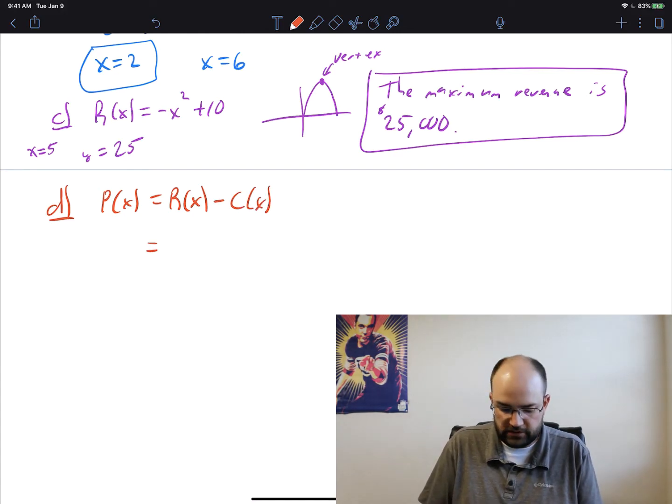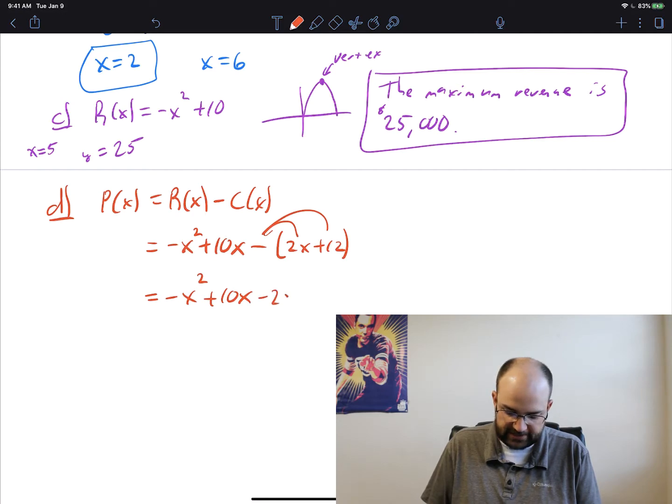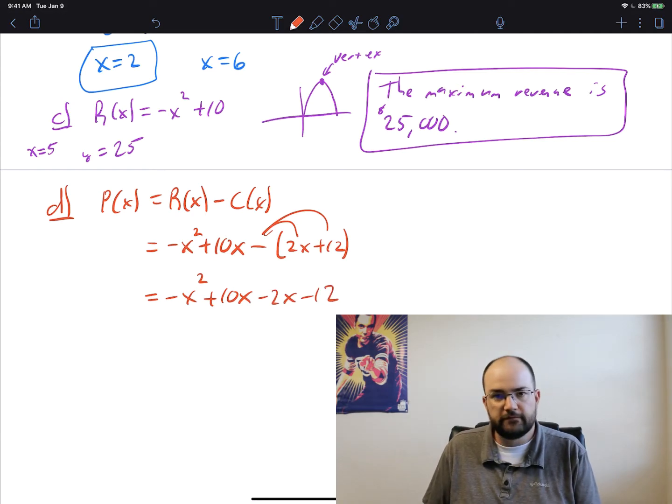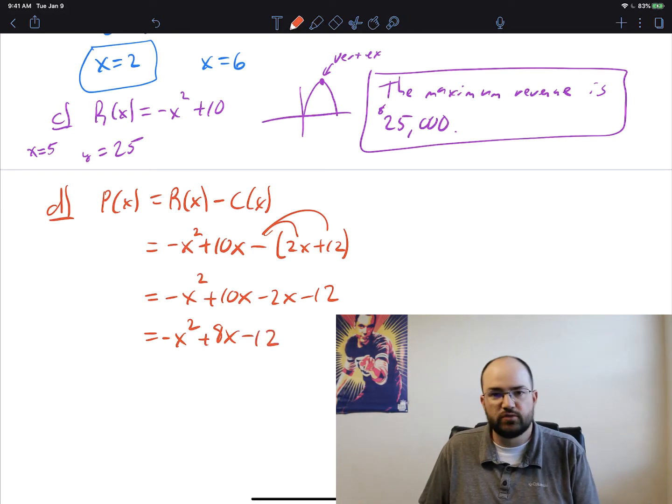Our revenue in this question is -x squared plus 10x, and then subtract off the cost, which was 2x plus 12. Make sure we distribute that negative. That will give us -x squared plus 10x minus 2x minus 12. And 10x minus 2x gives us -x squared plus 8x minus 12.